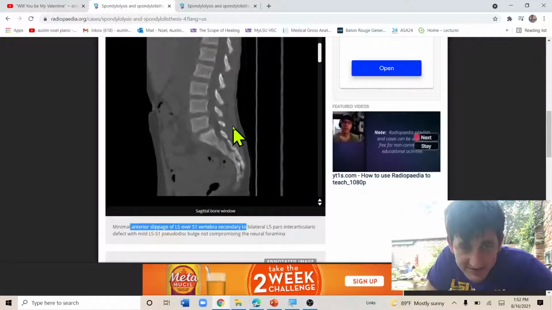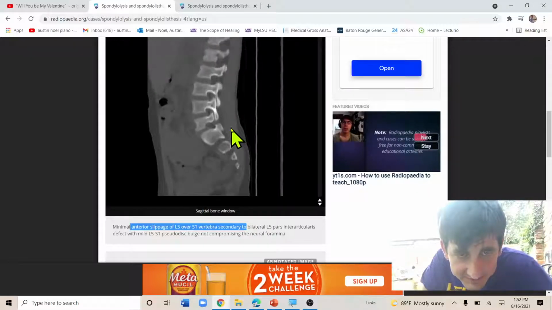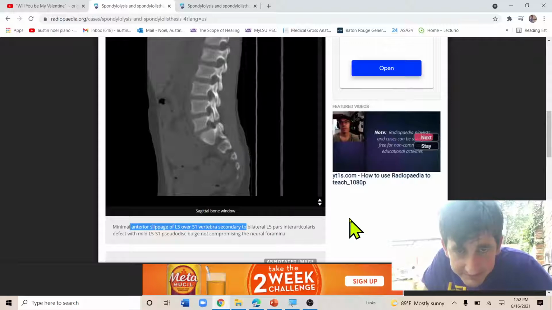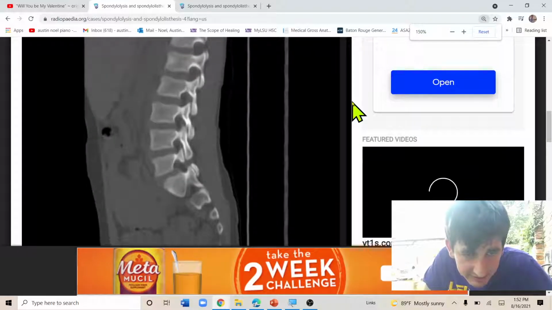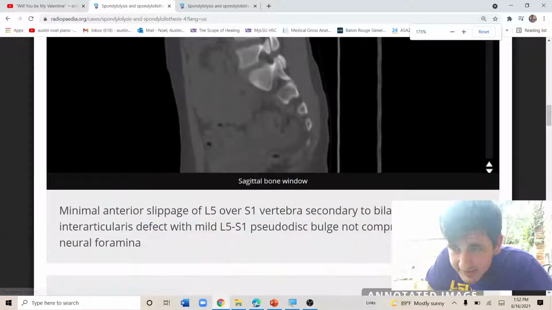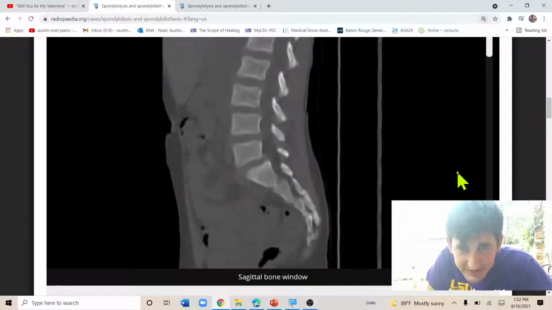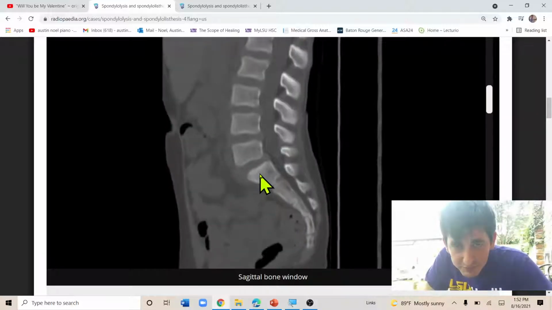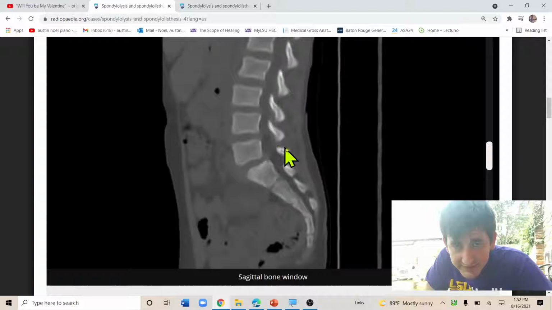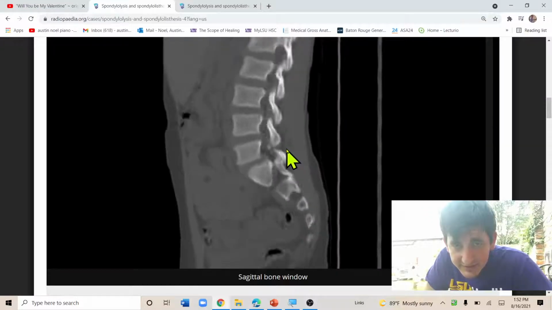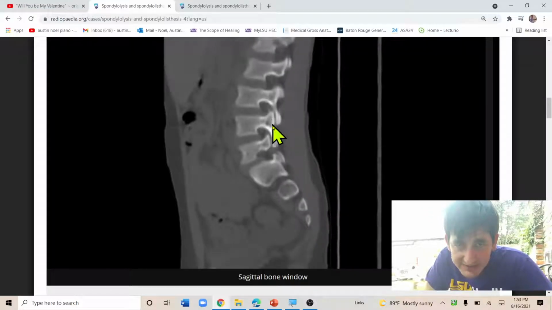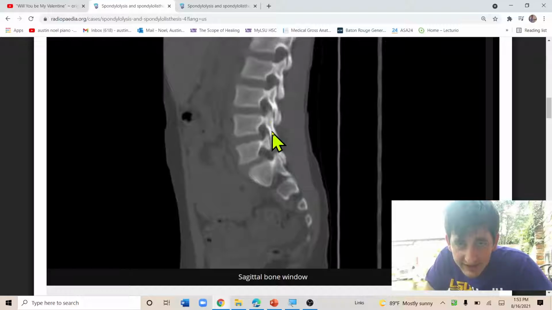But here is the defect. Let's show the defect. Okay, so can I zoom in? Okay, here we go. All right, so it says L5. So this is S1, this is L5. So let's look at this area back here. Okay, here's the spinous process. This is that PI, right? Pars, whatever.